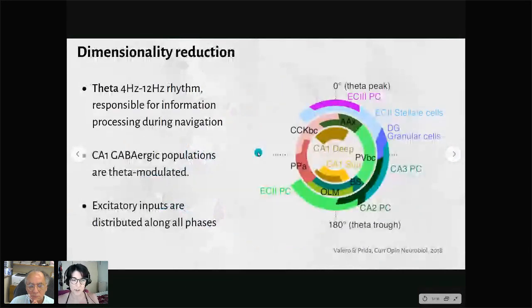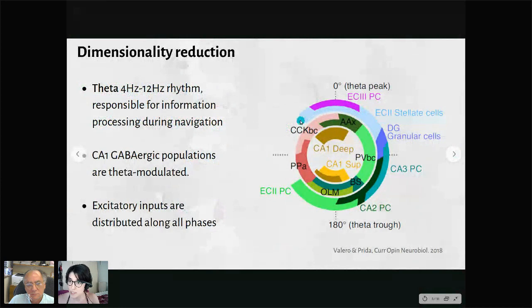But this is not all. During one of the most important hippocampal rhythms, the theta rhythm, a slow rhythm from 4 to 12 Hz that is responsible for information processing during navigation, both inhibitory and excitatory inputs are distributed along all phases.